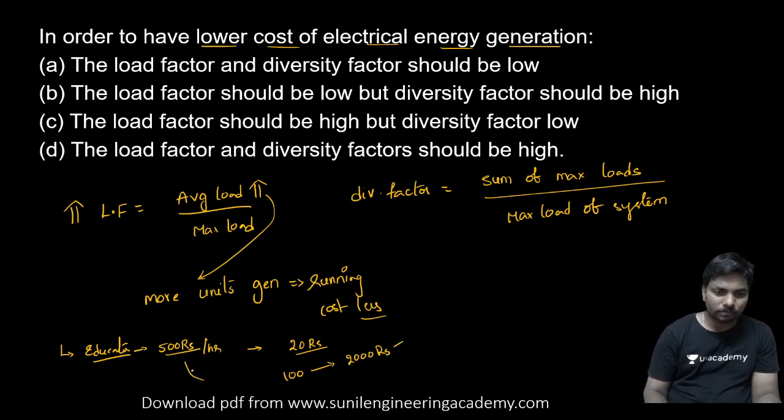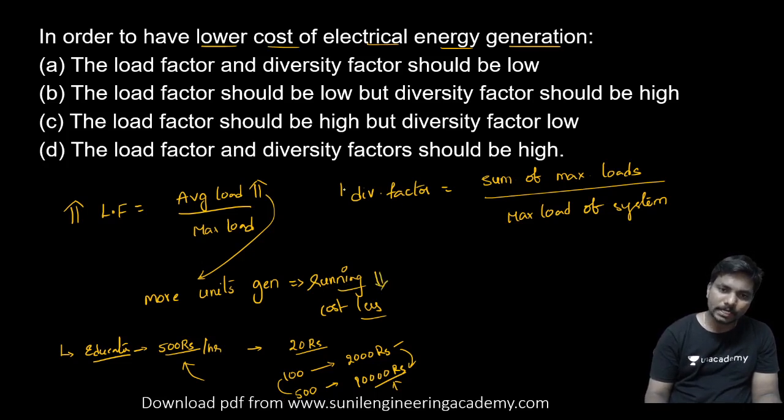For the same operating cost of 500 rupees per hour, if 500 students join, then they will get 10,000 rupees. So they get more profit. So here also, if more students attend, more profit. Here output is students present, there output is average load. If more units are generated, the running cost is less. So as the load factor is more, running cost is less.